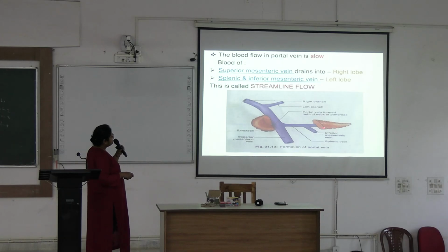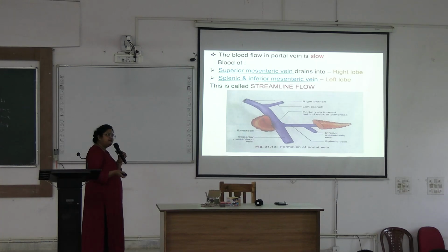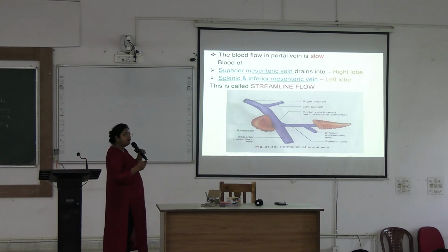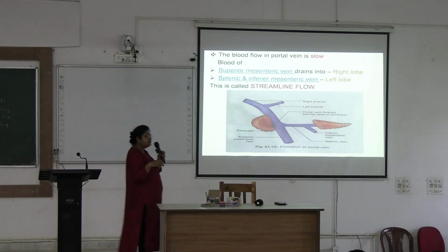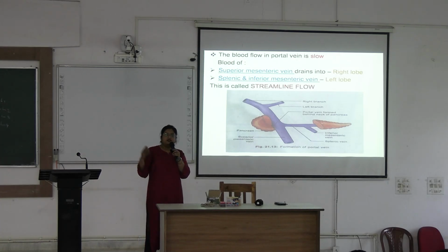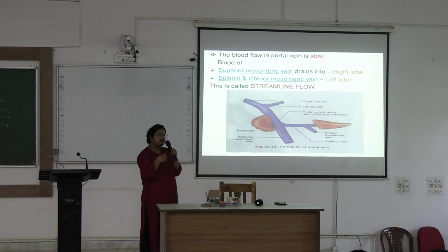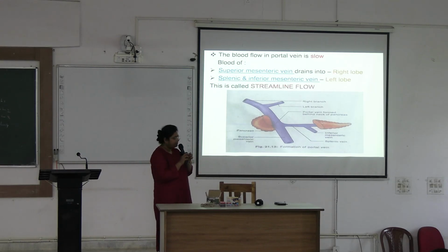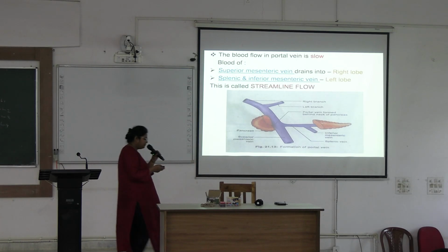Okay, this blood from these two veins is draining directly into the left lobe of the liver through the left branch. Okay, so it is called streamline flow. That is, no mixing of blood is occurring here, though they are passing through the same channel. Okay, it occurs in river waters. You can see changes in colors in different water of the different rivers. Okay, so here it is also occurring like that.